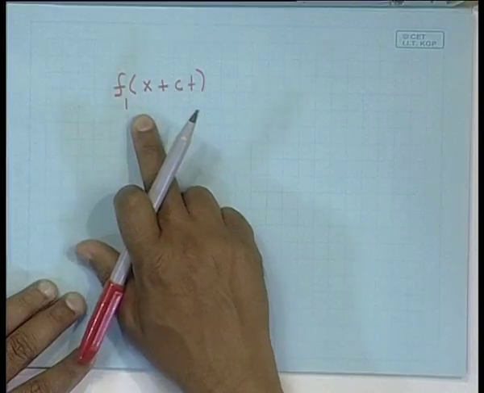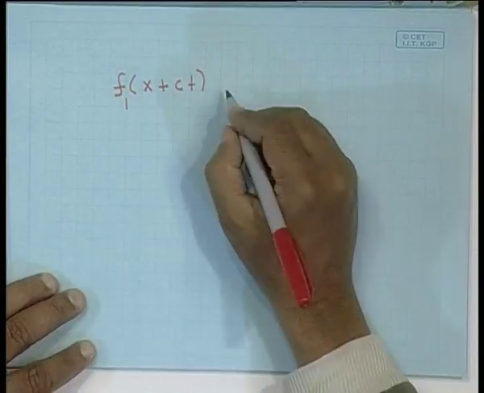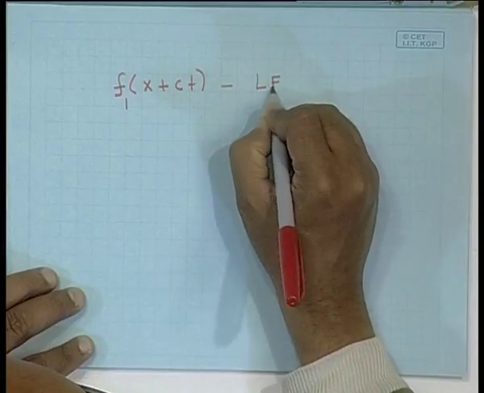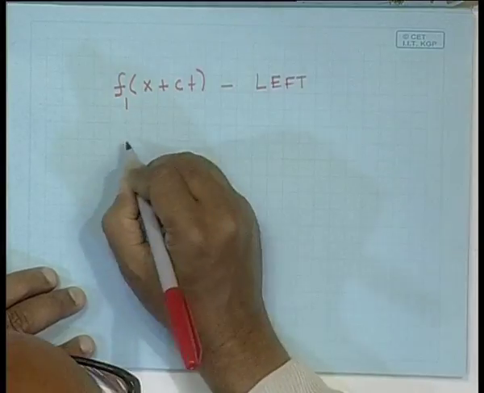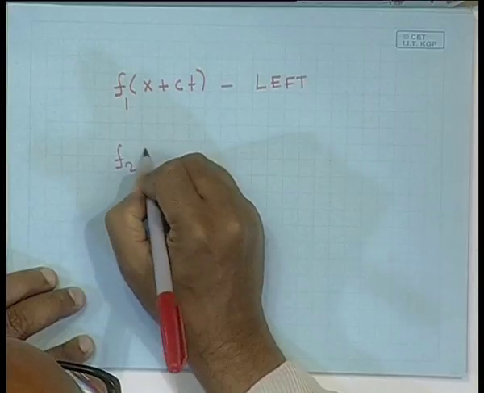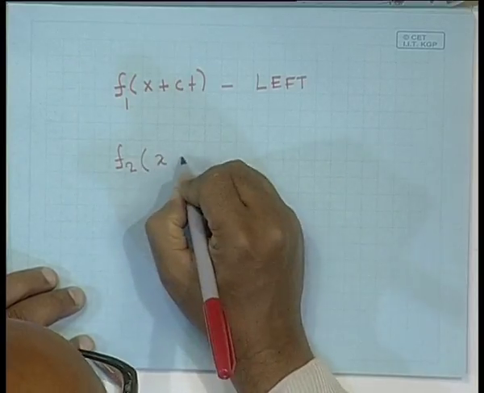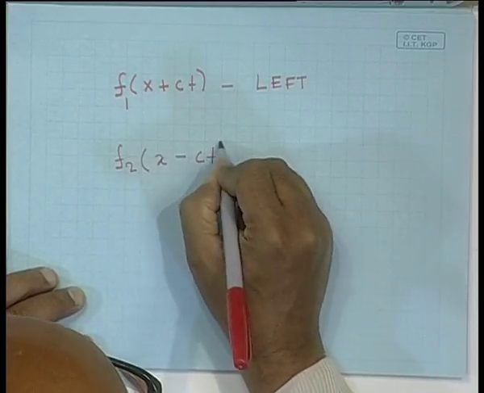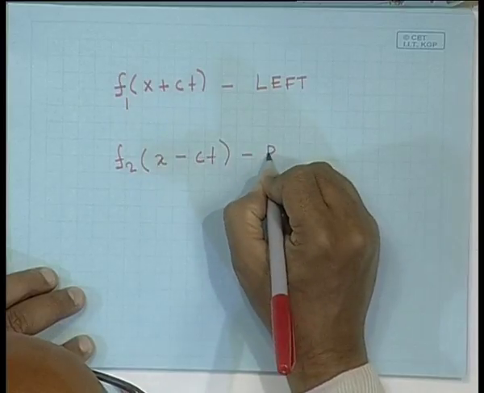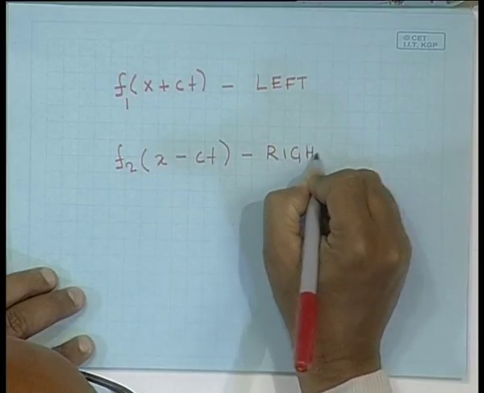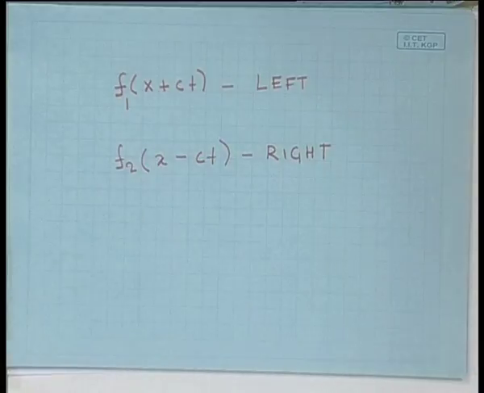So, the whole pattern moves to the left. And if you have any arbitrary function of x minus ct, this represents a right travelling wave. The function should be differentiable and it should be well behaved. That is the only condition. Then it will be a solution of the wave equation and it represents a right travelling wave.